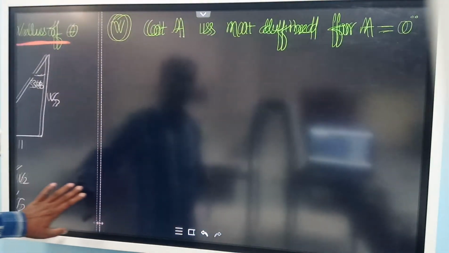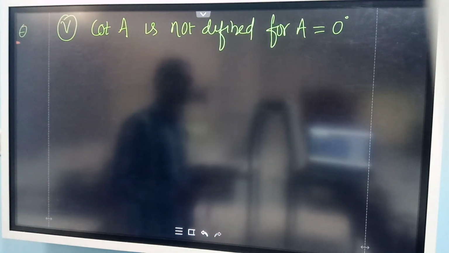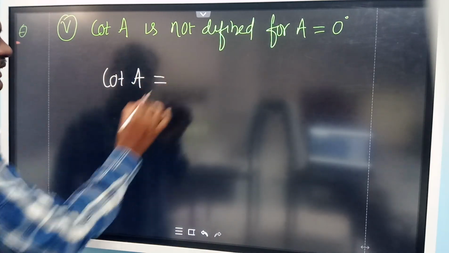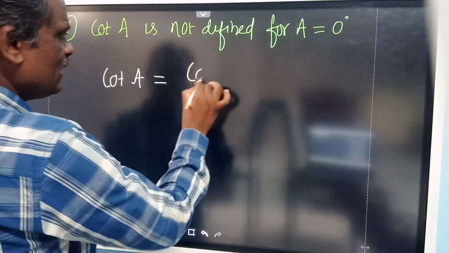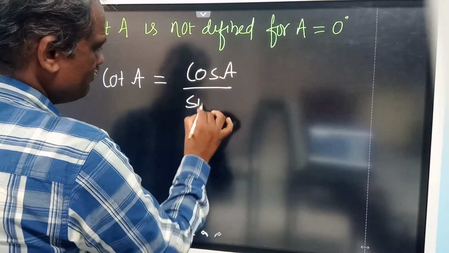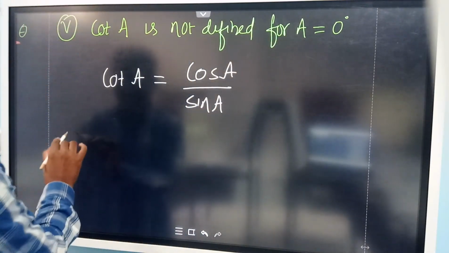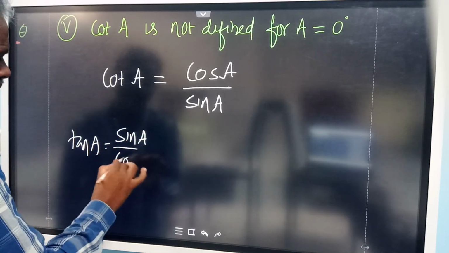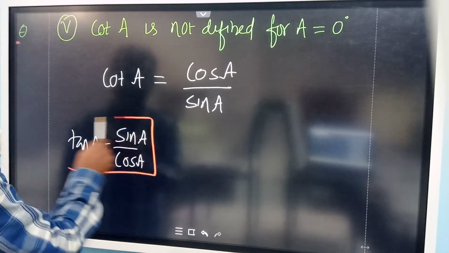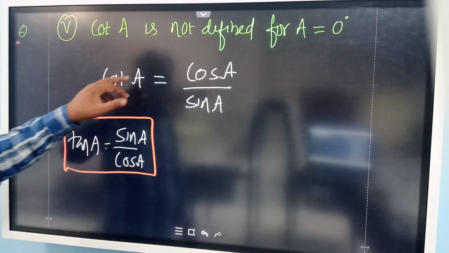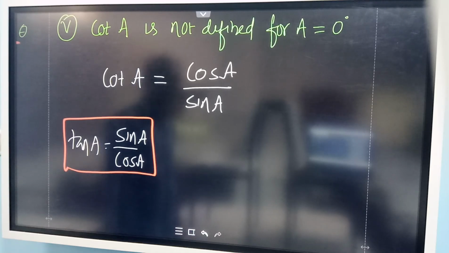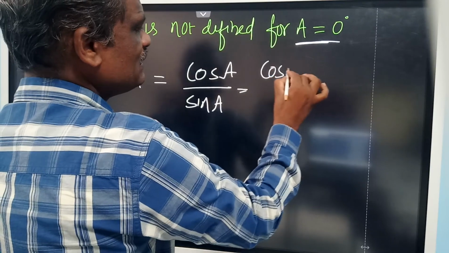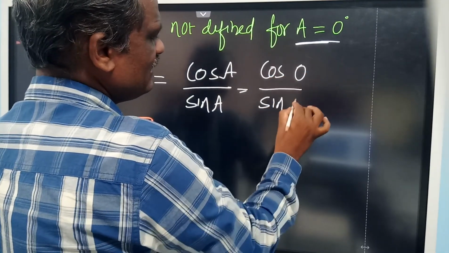Now come to this fifth question: cot A is not defined for A equal to 0 degree. Cot A is the ratio of cos A divided by sin A. You know that tan A is the ratio of sin A by cos A, whereas cot A is the ratio of cos A by sin A. Now for A equal to 0 degree, cos 0 by sin 0.